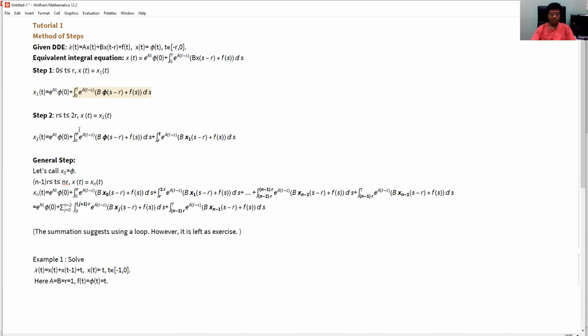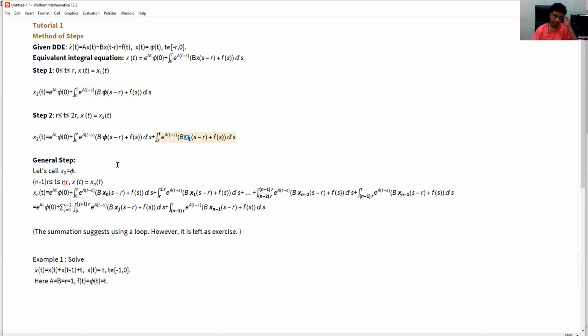But limits are different, from 0 to r instead of 0 to t. Everything else is same. Plus the third term is integral from r to t e raised to a(t minus s) b into x1 of s minus r. So in this integral equation, we replace x by x1. Everything else is same.